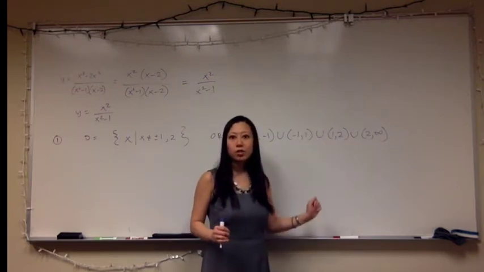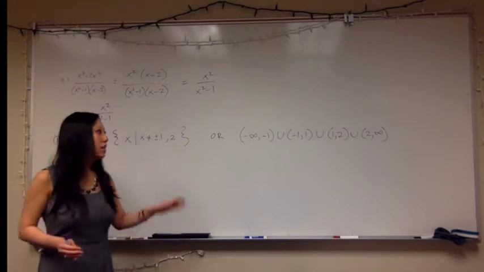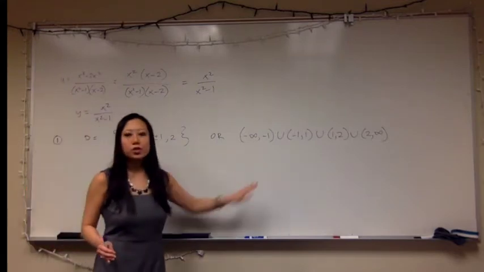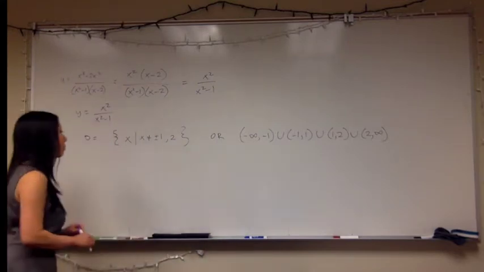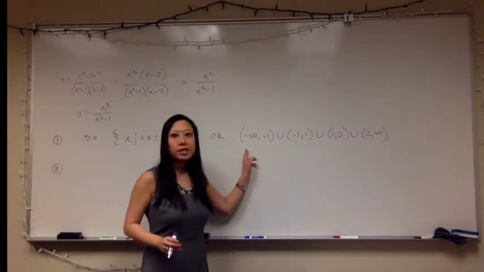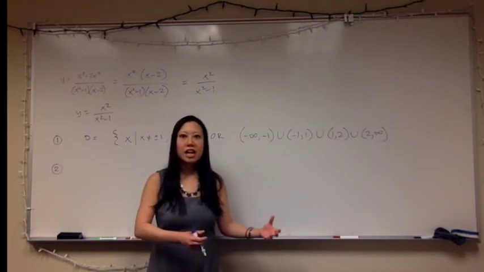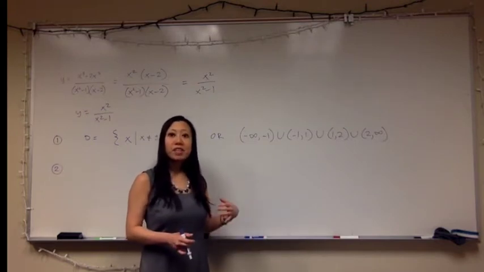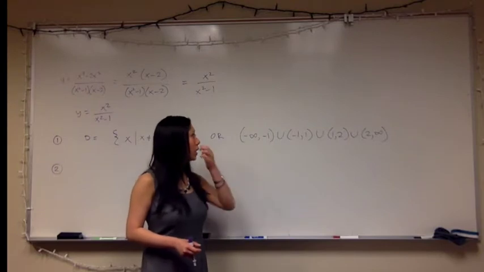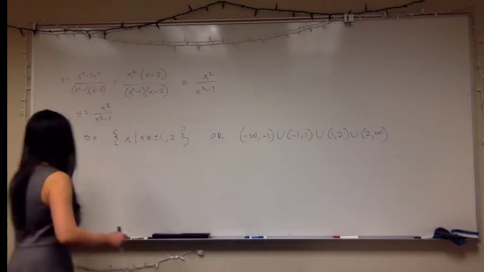Otherwise it's all real numbers. So when I ask you for the domain, you should write it as a set, so it should be in either one of these two forms. We have open parentheses here because we don't ever include infinity or negative infinity. It's not an actual number. We can't plug infinity into the function. So we say here that it's open parentheses.